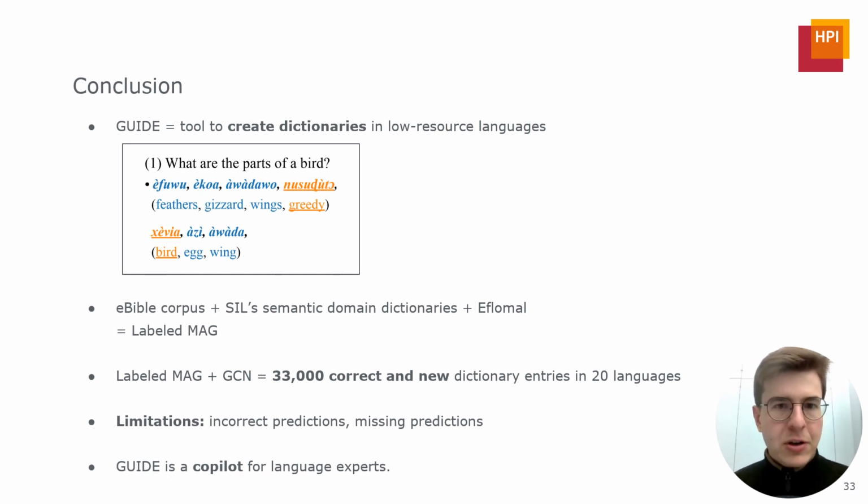Our main limitations are incorrect and missing predictions, which is also the reason why we don't know which are the correct and which are the incorrect entries that we predicted. Therefore, language experts can use Guide as a co-pilot.